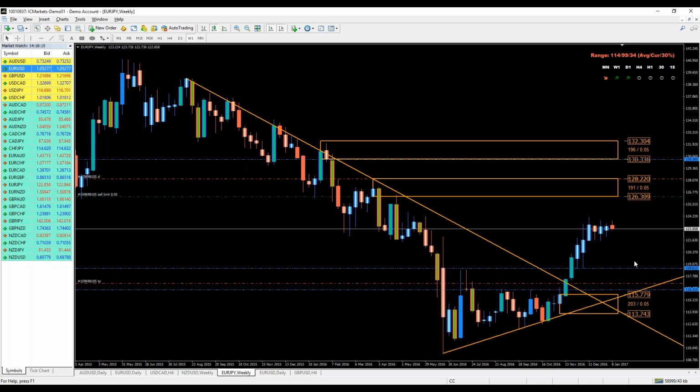Fundamentally, we want to make sure that the news releases that are coming out of Europe and Japan support our bias, which is to sell. And you have to keep this in mind. This is very, very important because you could sell an area of supply and everything's looking great on Monday. So you're buying the Japanese yen, for example, and on Tuesday, the Japanese central bank, they hike interest rates.